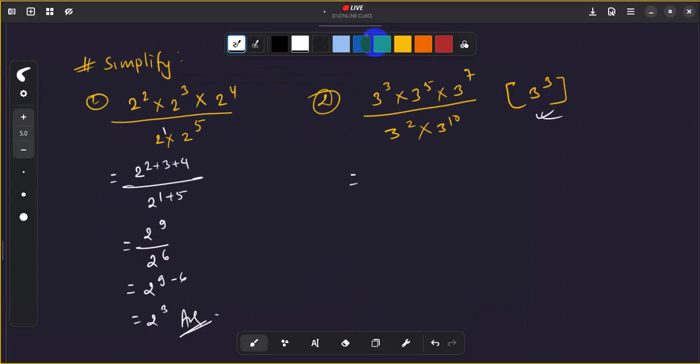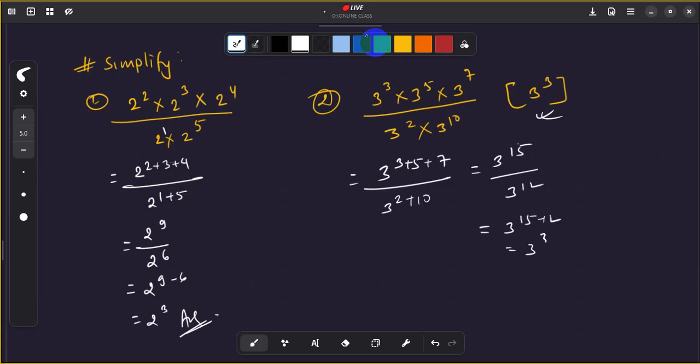Okay, so we will add the powers in the numerator at first. 3 power 3 plus 5 plus 7 over 3 to the power 2 plus 10. It is 3 to the power 15 over 3 power 12. 15 minus 12 is 3 power 3.